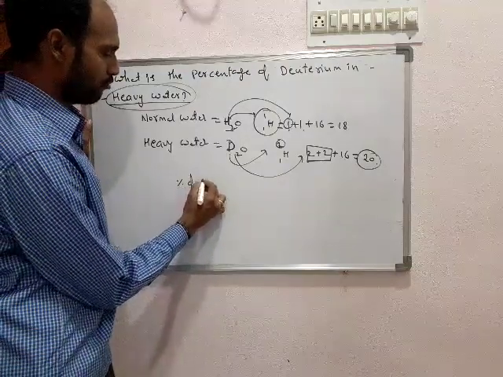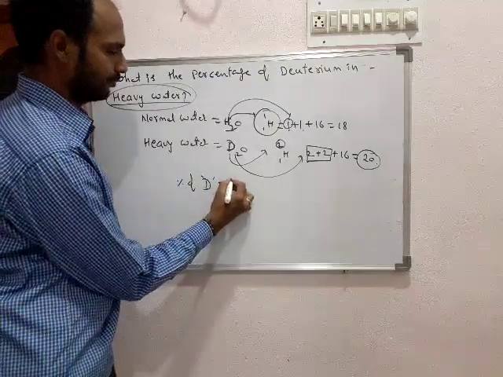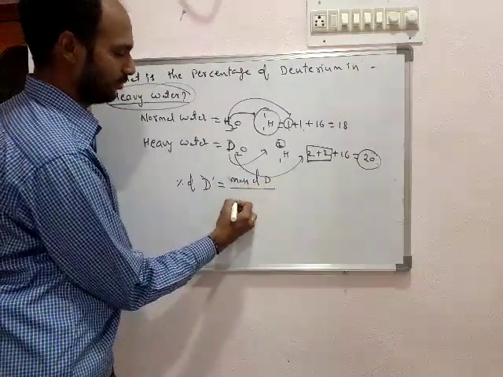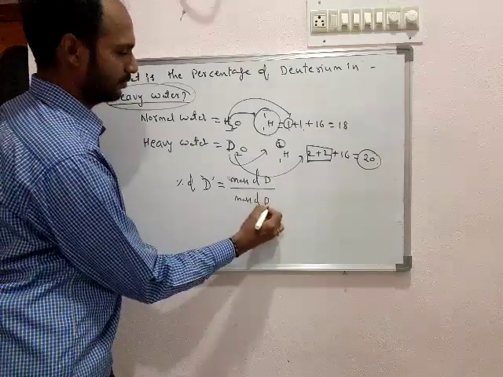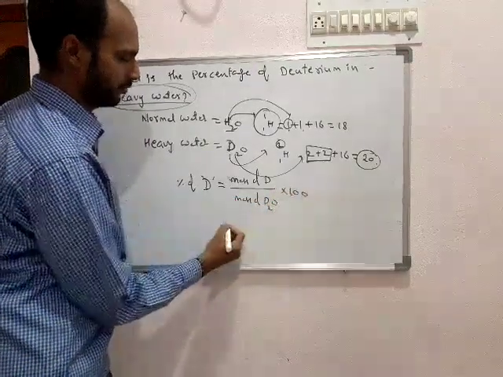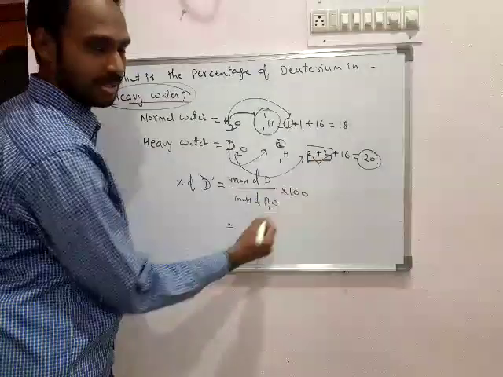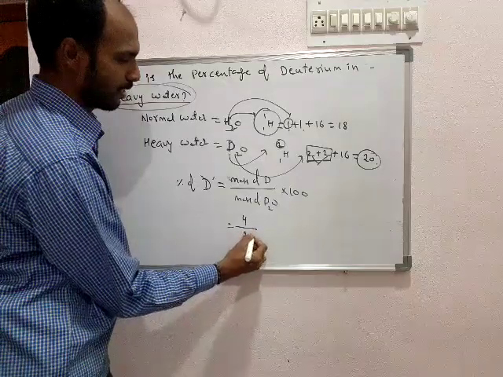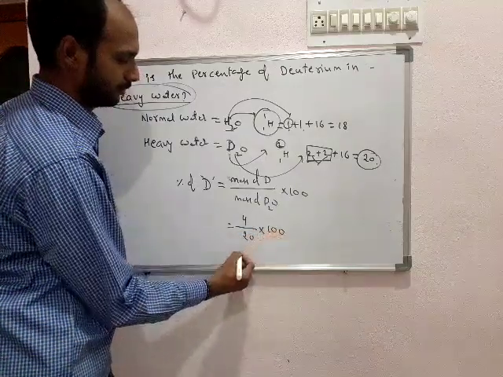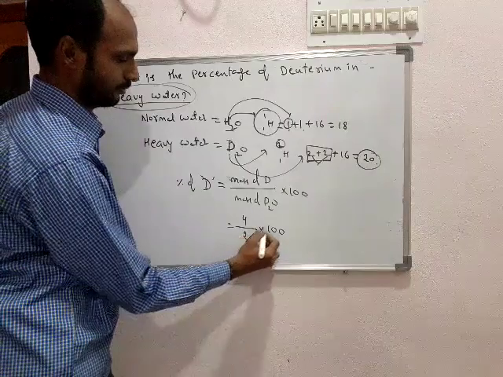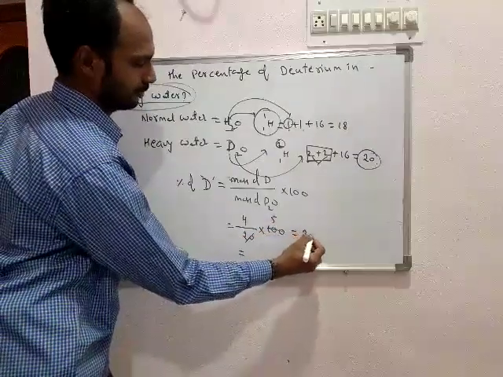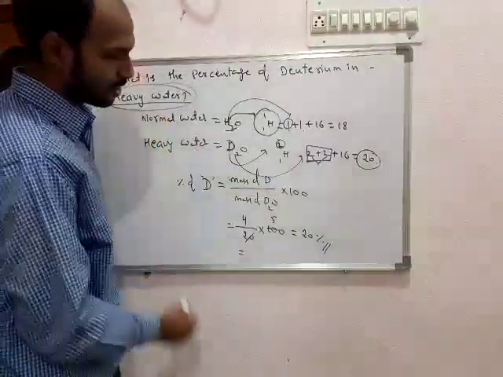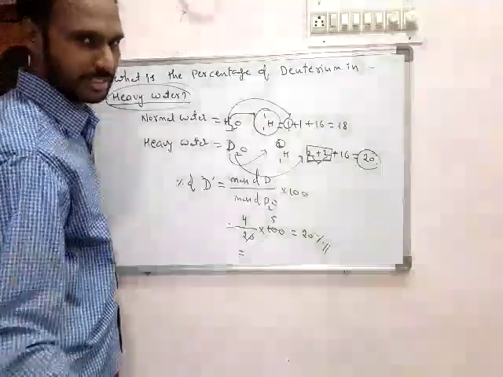So the percentage of deuterium equals mass of deuterium by mass of D2O into 100. So what is the mass of deuterium? 2 units, 2 isotopes are there, 4, total is 20. It is equal to 20%. Means in heavy water, the percentage of deuterium is 20%. Okay, take it.